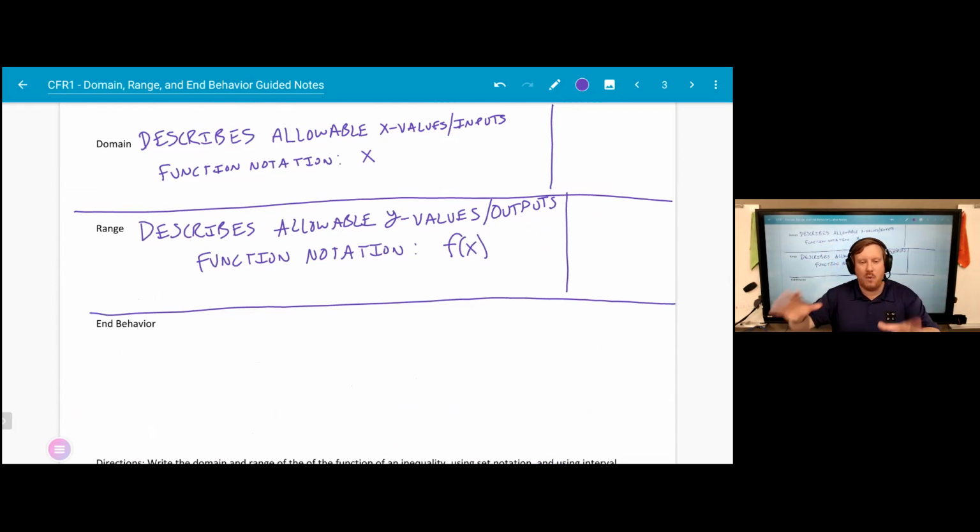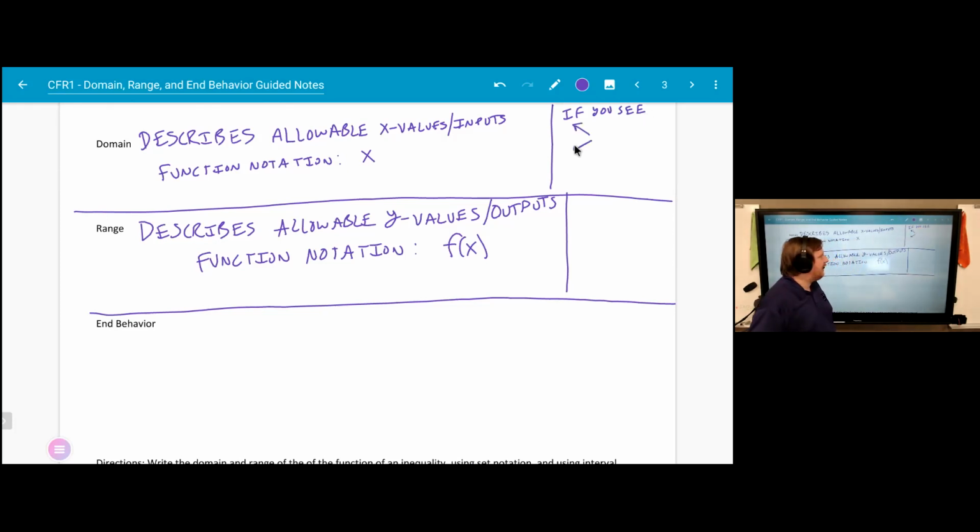I want to talk about what I see in terms of the arrows and how do I know if there's going to be positive or negative infinities. So what I'm going to say for domain, if you see an arrow going to the left and up or left and down, if you see either of these cases, that means your smallest x value is negative infinity.